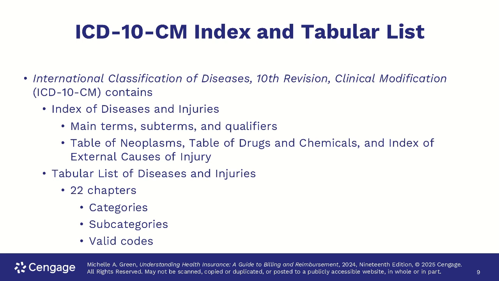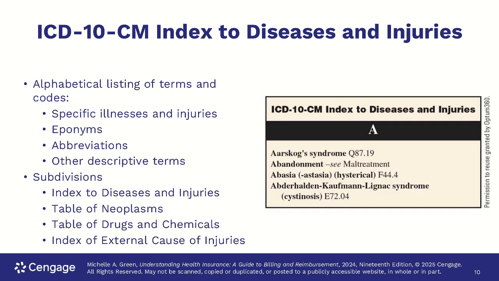Then the second part, which is where we verify our code, has 22 chapters, and that is our tabular list. The codes in the tabular list can have a minimum of 3 characters and a maximum of 7 characters.